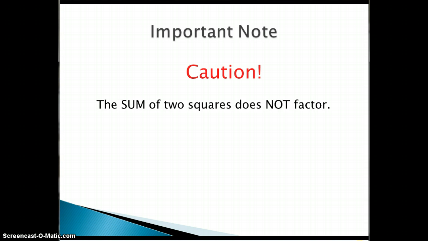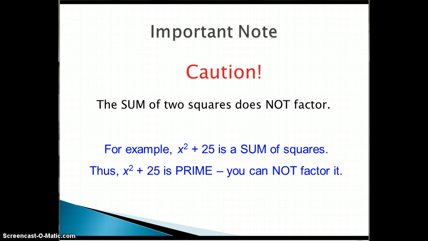Very important note here, and an extreme caution: the sum of two squares does not factor. We just saw how to factor the difference of two squares, but if you have a sum of two squares, that will not factor. For example, x squared plus 25 is a sum of squares.